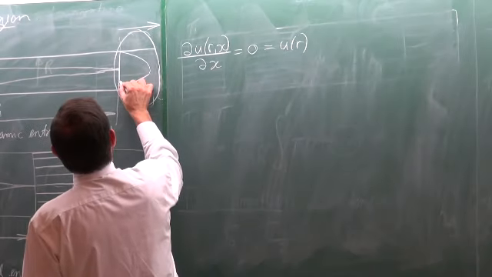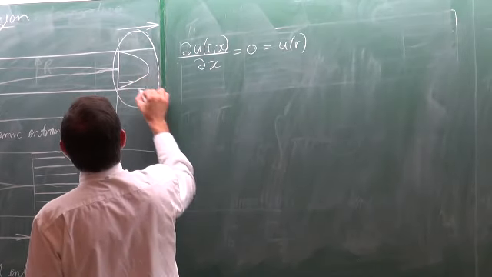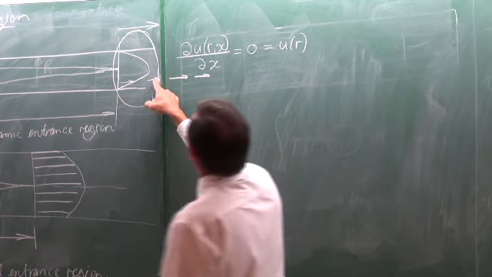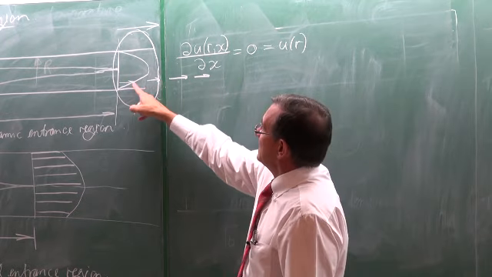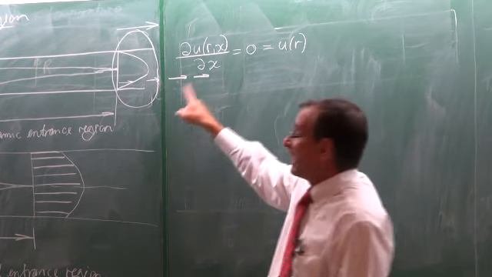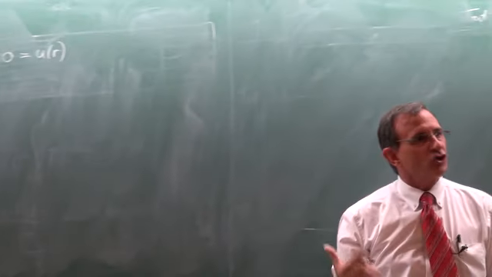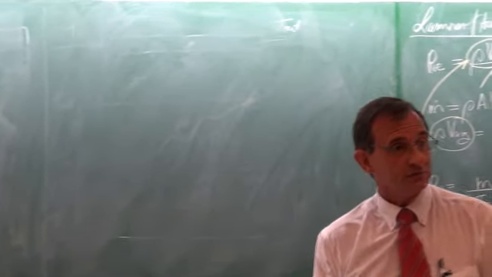I'm saying that if we look at the velocity at that point there, and at that point there, and that point there, then the velocity does not change as a function of x. Remember, x is in this direction. It is now a constant. It's fully developed.